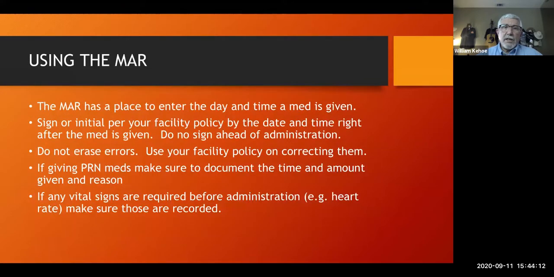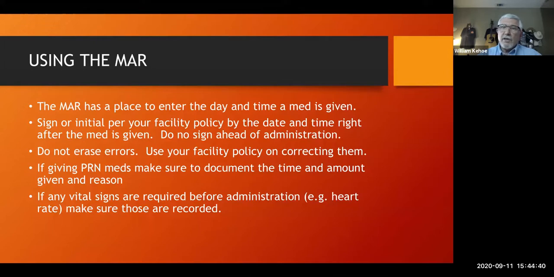So the MAR has a place to put the date and the time that the med is given, and you follow your facility's policy. Generally, we will initial the time in the little box at the time where the medication is given. Some facilities, if the medication is refused or it's not given for whatever reason, their policy might be to circle that time and initial it and then write a brief reason why it wasn't given.